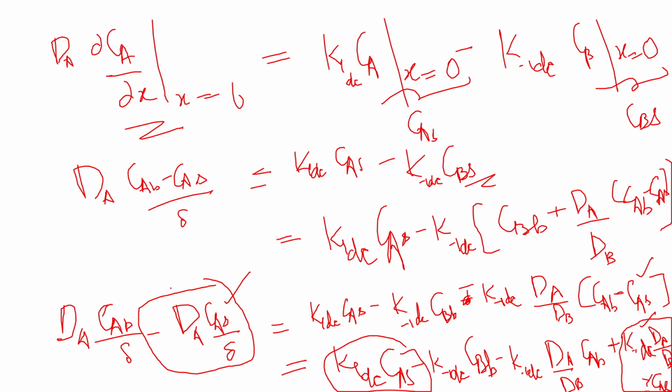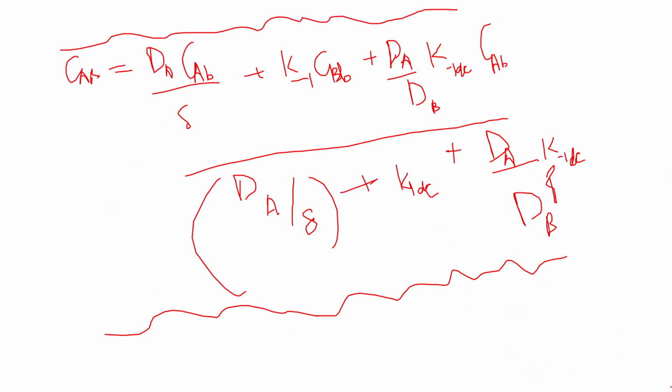Other side, I'll have dA by del into CAB, this first term. And this second term will go towards the left side. That will give me K minus 1 DC CBB. Again, this term K minus 1 DC into dA by dB into CAB will also go that side. So three terms on the left. I'll take CS common out, and I'll get something of this form. So that's about CAS.